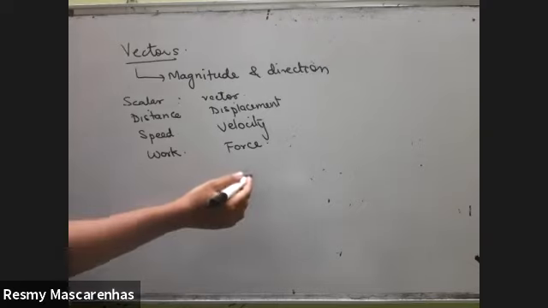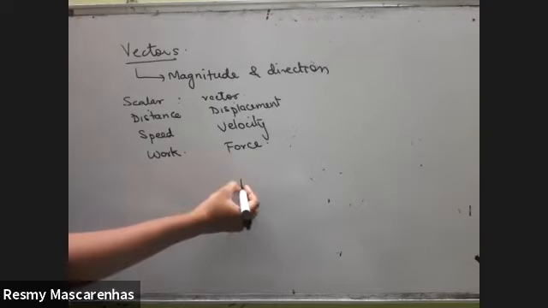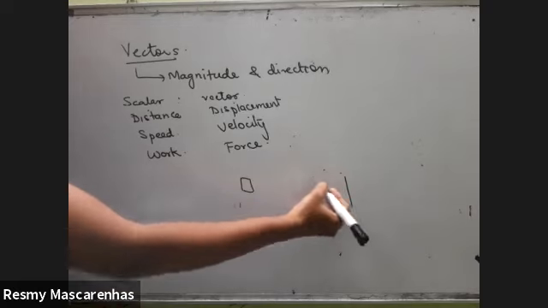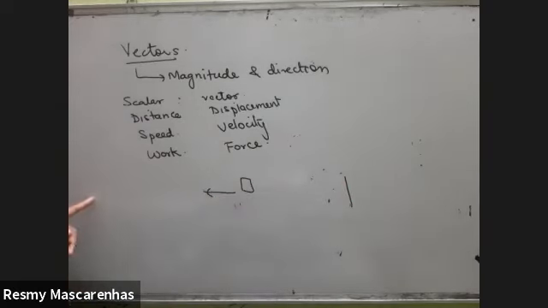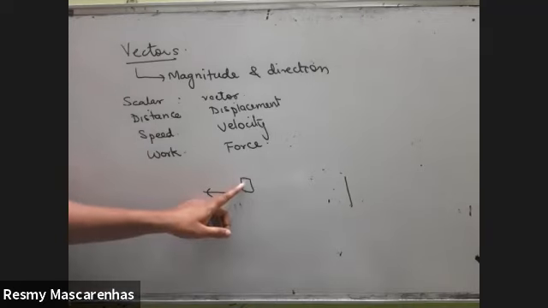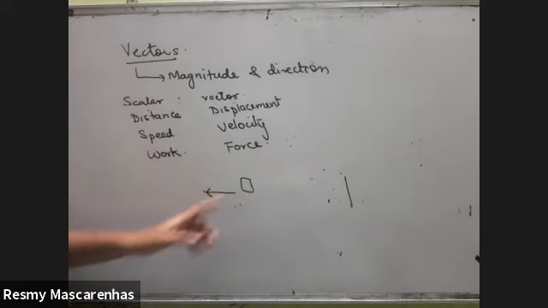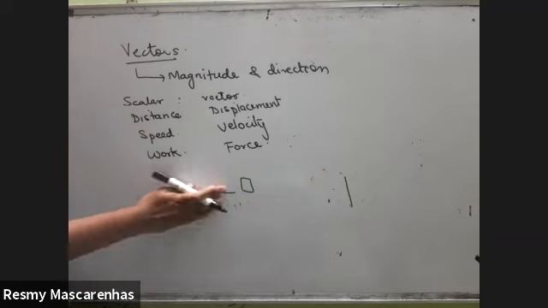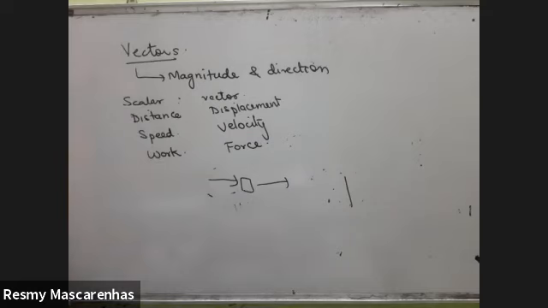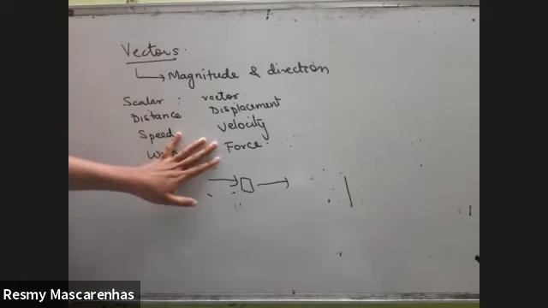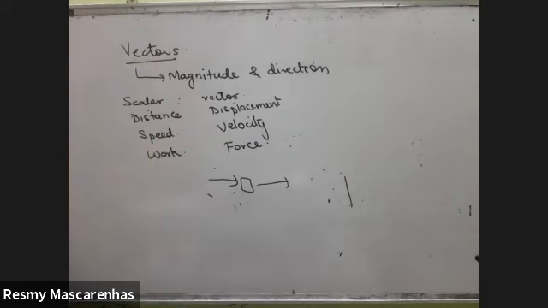If you want to push a table over here, definitely you cannot apply the force this side and try to move it here. So if you want to move anything from here to here, the direction of the force also matters. You have to push it in this direction, or at least pull in this direction. The force is a vector quantity. Whichever needs the direction is also called a vector quantity.